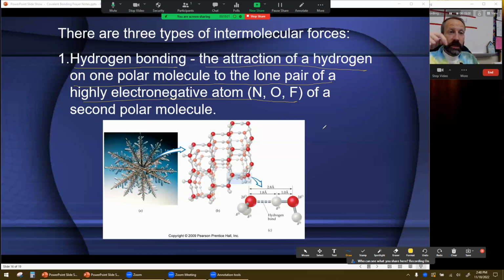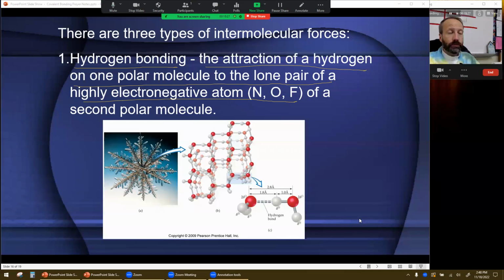Have you ever noticed in a container, water kind of goes up the sides? That's from hydrogen bonding. It's trying to hydrogen bond to the walls of the container and pull itself up. So hydrogen bonding works if I have a hydrogen and a nitrogen, oxygen, or fluorine that hydrogen can stick to. If I only have one or the other, it's not hydrogen bonding.